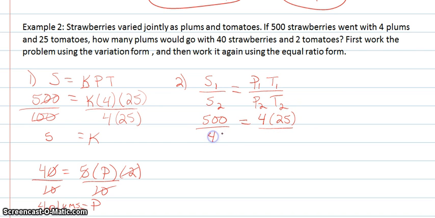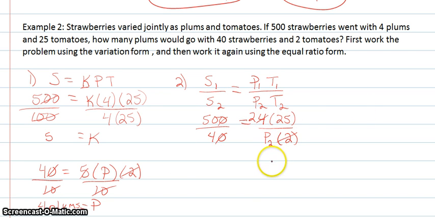Then we have 40 strawberries, and we're looking for the number of plums, so that's p sub 2, and we only have 2 tomatoes. And we can go ahead and simplify this a little bit just to make the math a little bit easier.